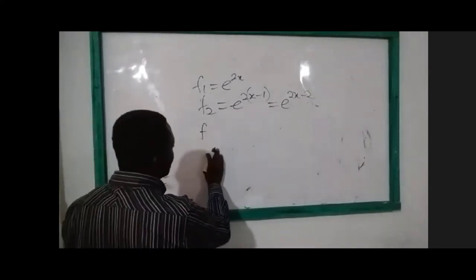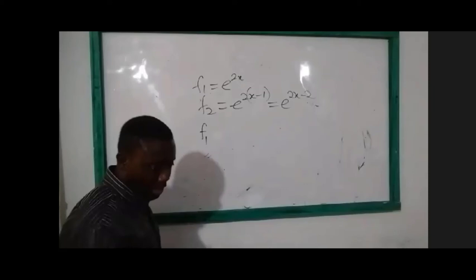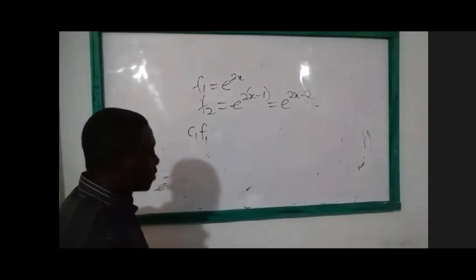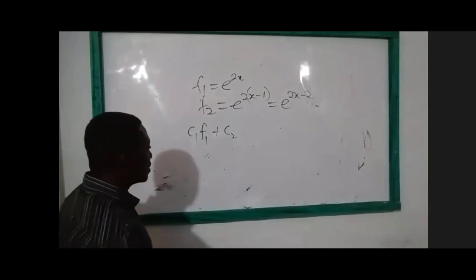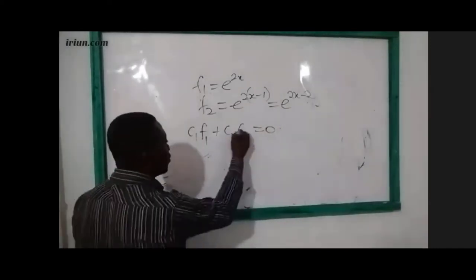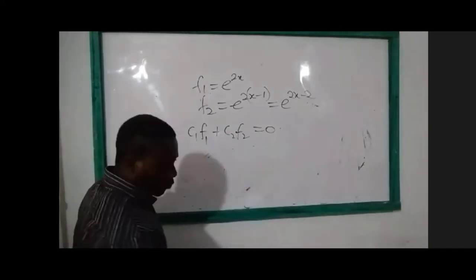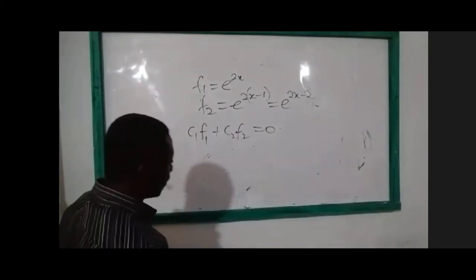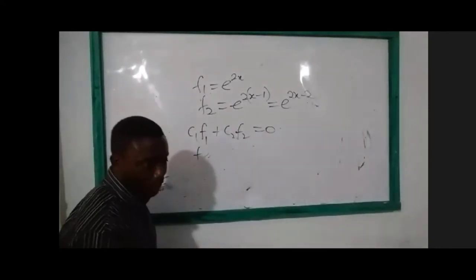So as we were saying, if you express this as a linear combination, it should be equal to 0. The condition is that we have a scalar C1 multiplying the first function plus another scalar, say C2, multiplying F2, should be equal to 0. So this is how it is shown. You want to make one of the functions the subject, such that it is a multiple of the other. We are trying to make F1 the subject.